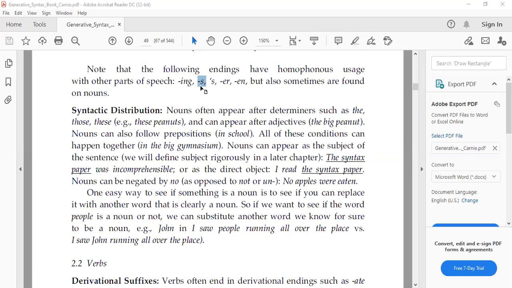But if we say tall, taller, is this a noun? Bayan Smadi? No, it's for comparative. Yes, a comparative adjective. So tall is an adjective.